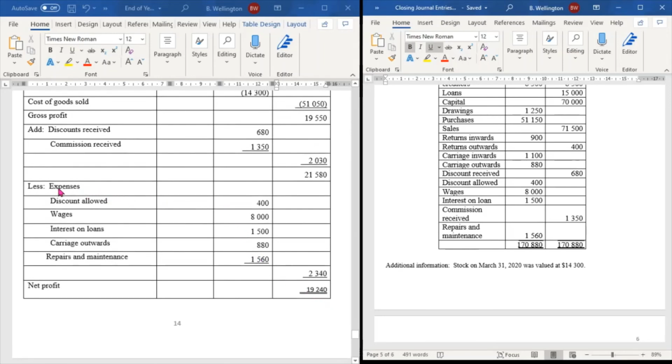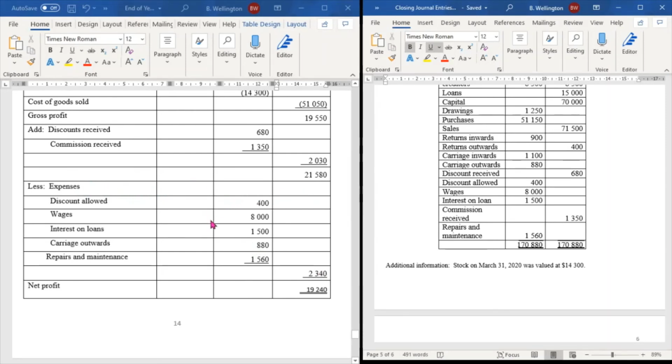Notice we're going to subtract the expenses. Okay, now there are more than one expense, so we're going to use the second column, and so we can put the total in the outside column. Notice nothing else is in this line. Okay, it's a heading.